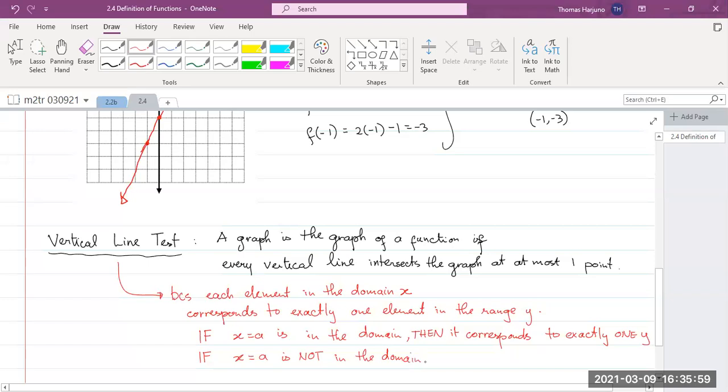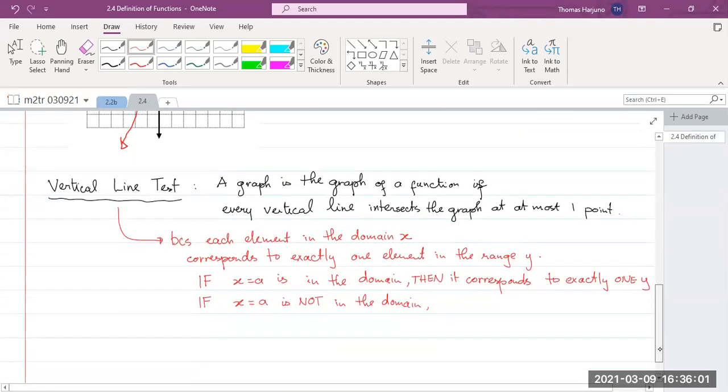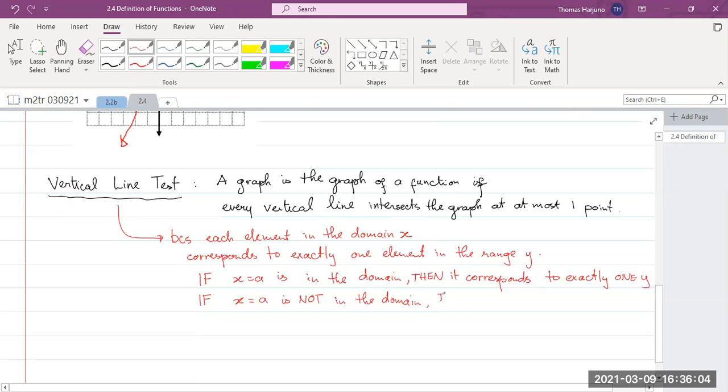Now we say that X is not in the domain if it corresponds to nothing. So if it is in the domain, it corresponds to only one y. If it's not in the domain, it won't correspond to anything. Okay, so either way, it will correspond to at most one.